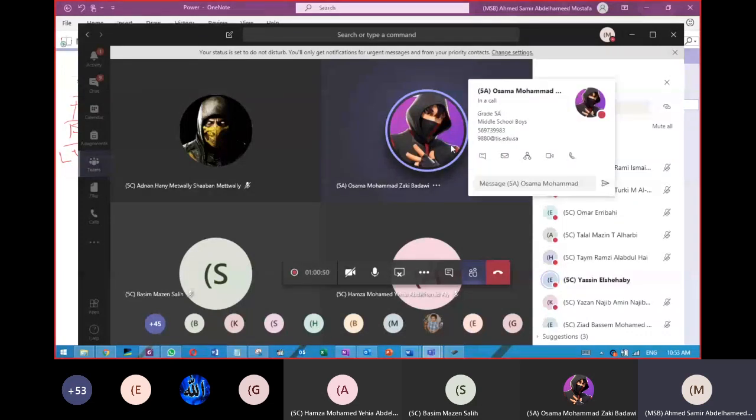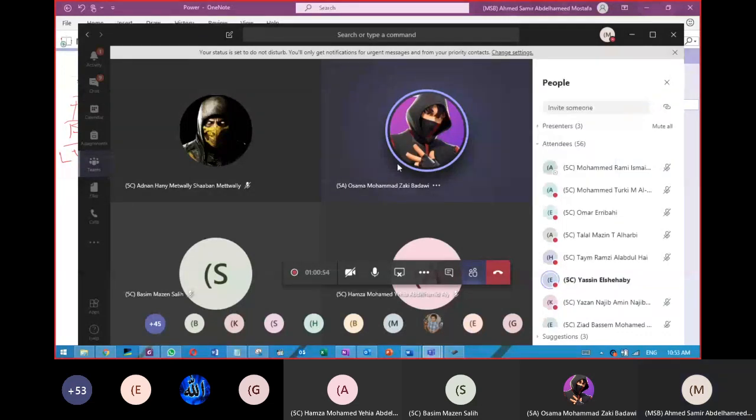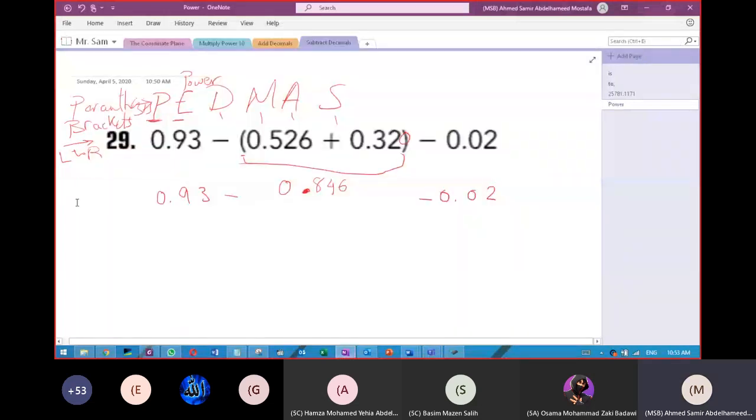Yassine, what shall we do next? We're gonna subtract. Which part? We have three numbers. 0.93 minus 0.02. Why do we do this one, not the second and third, for example? Because we're going from left to right. Excellent job.